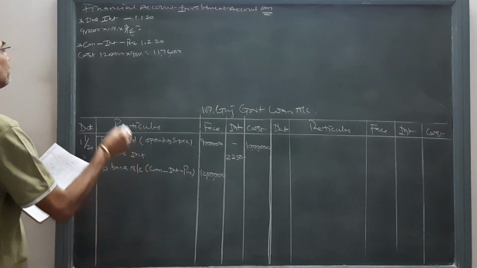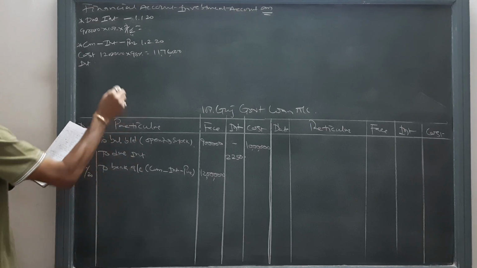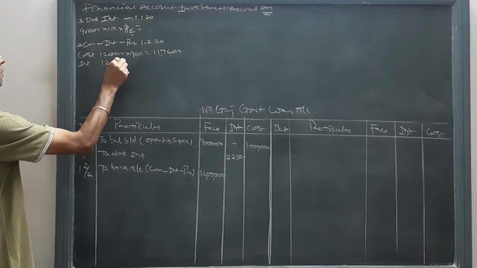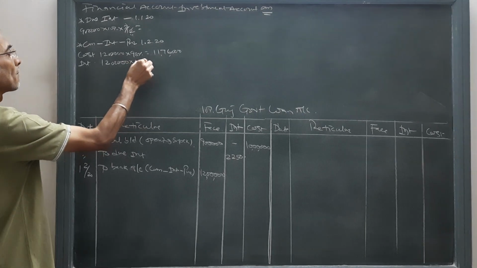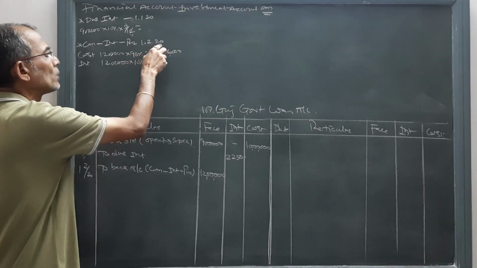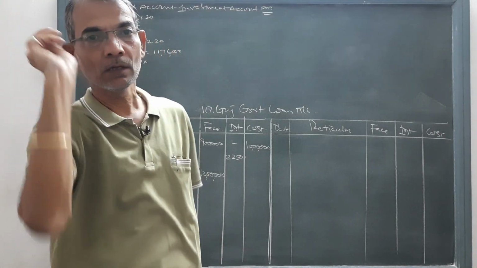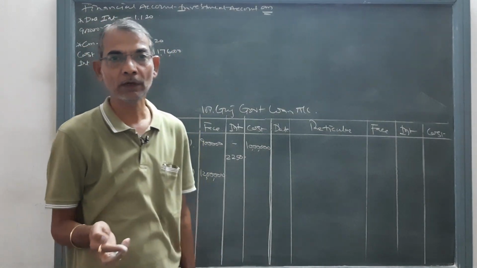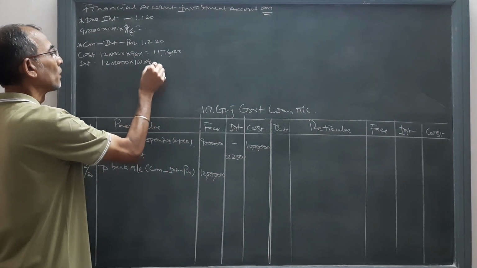Interest on 12 lakh at 10% on 1/2. Last interest being received on 30th September, so October, November, December, January, for 4 months.